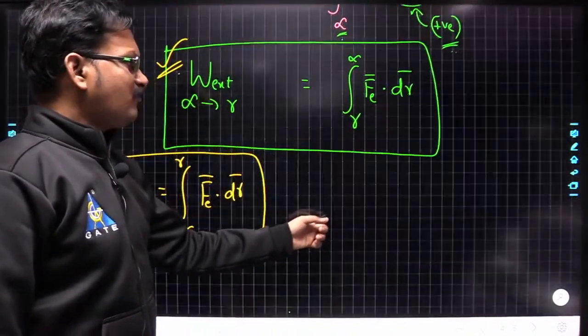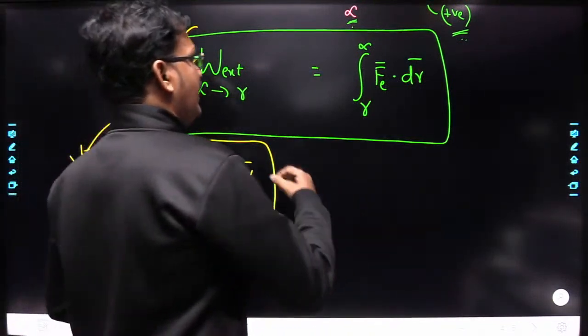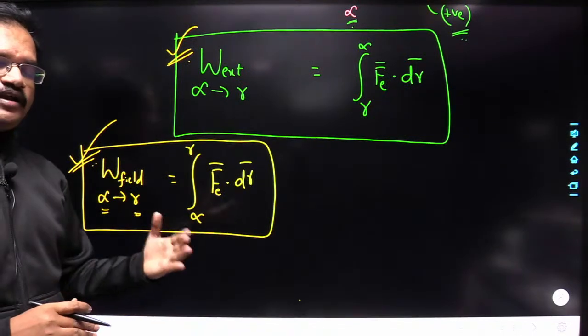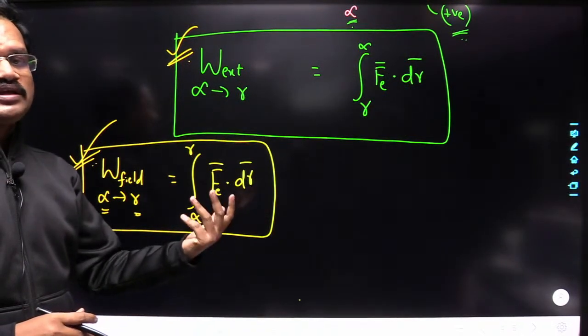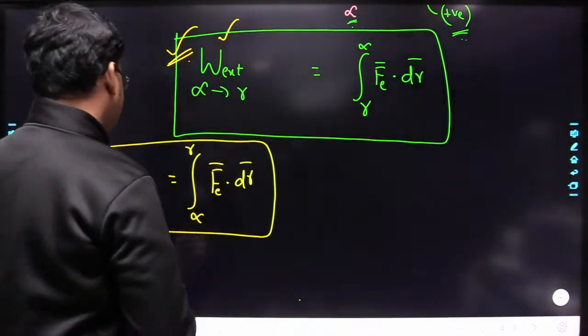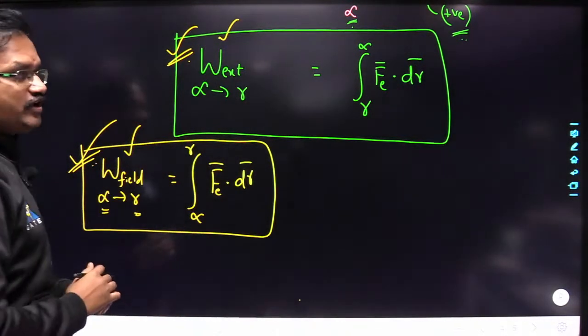Here, what are the forces that are acting? One is the electrical field force, another one is the work done by the external agent. So this is the work done by the external agent and this is the work done by the field force.